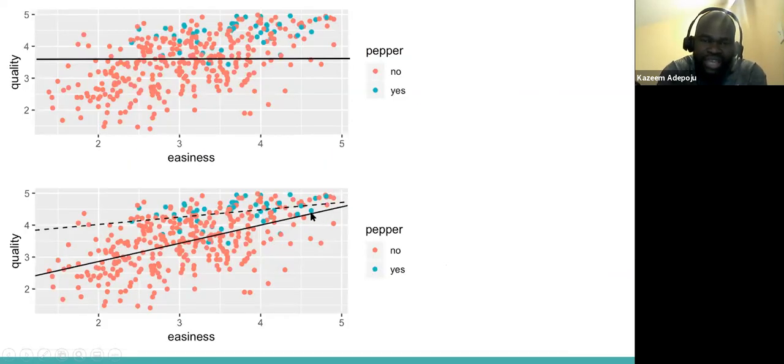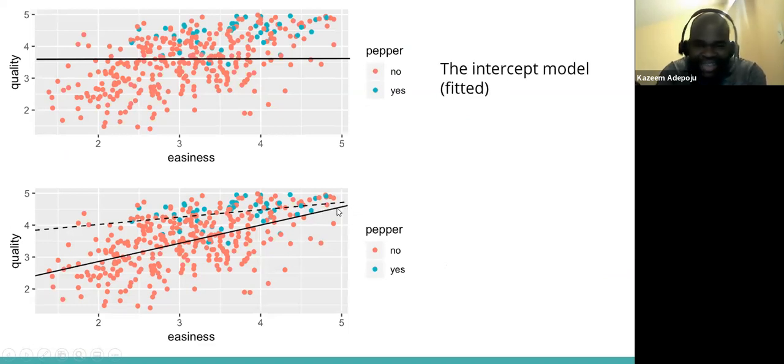As you can see right here, these two lines don't really meet. It is only when the two lines meet that you can talk about whether the interaction is going to be significant or not. So I want you to see the two lines right there.